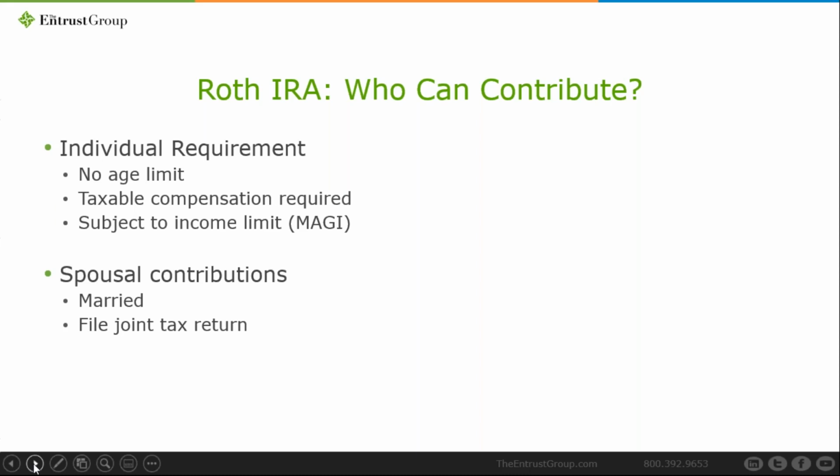So if a person is age 75, still working part-time, and wants to make a Roth contribution, absolutely, they could be eligible. Why do I say could? Because there are income limits in a Roth, whereas in a traditional, there's no income limit. Spousal contributions are also available for a Roth IRA, as long as the married couple is filing a joint tax return.